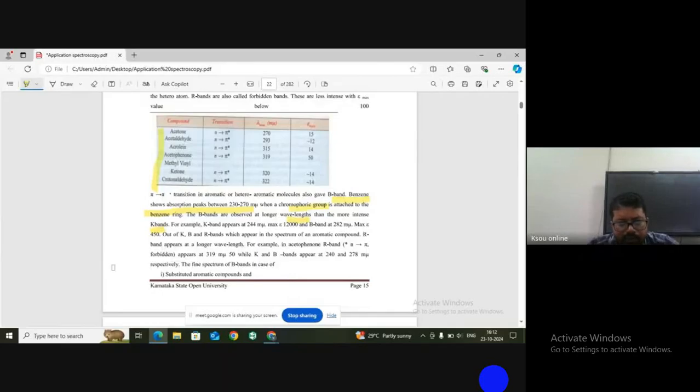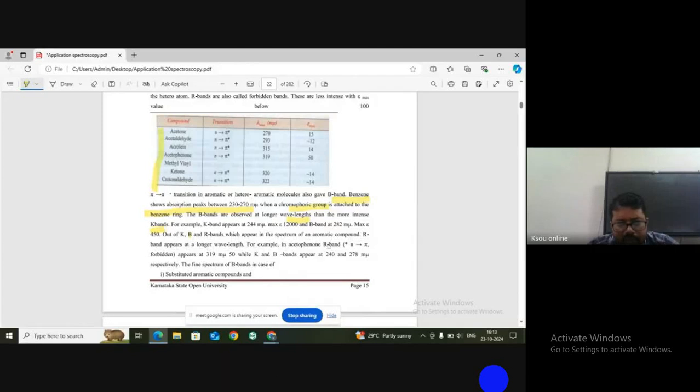Out of K, B and R bands, which appear in the spectrum of aromatic compounds? The R band appears at lower intensity and longer wavelength.